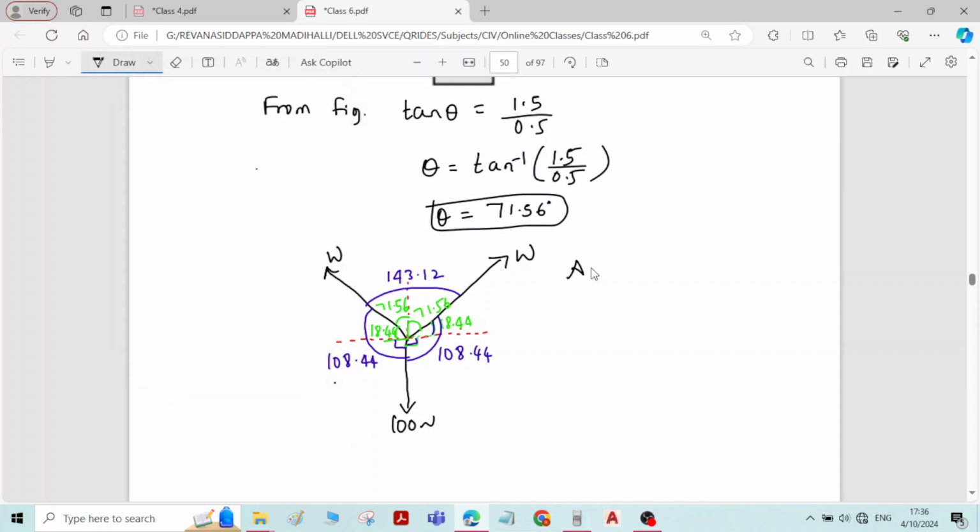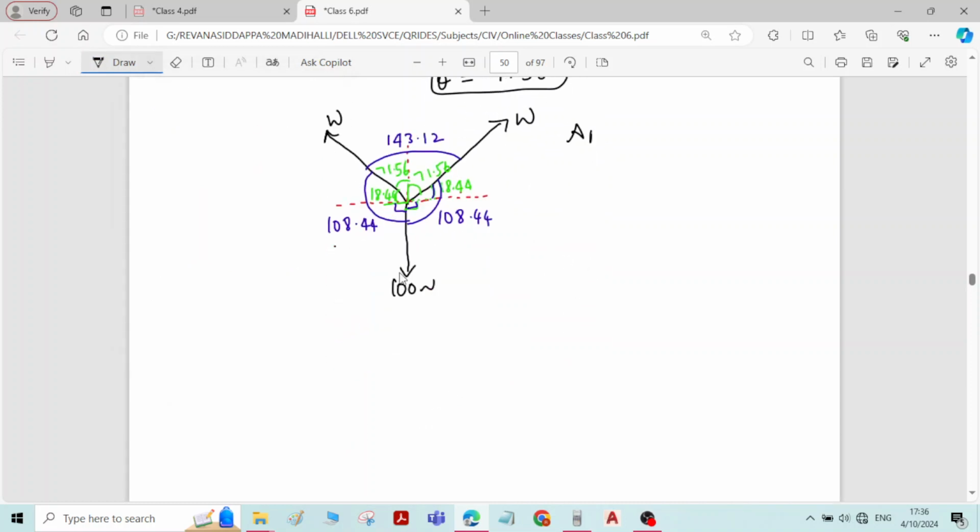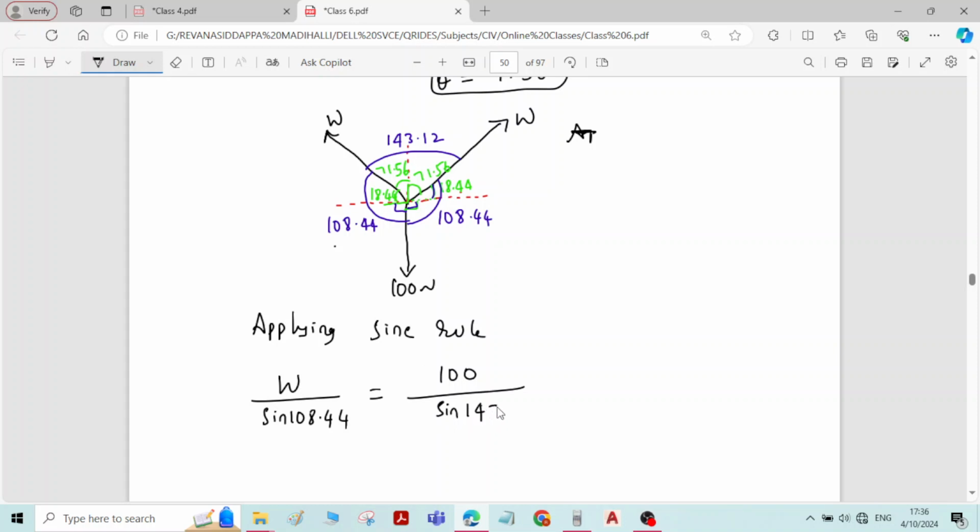Now you just apply the sine rule for this. Applying sine rule, let me write below the figure: W divided by sine 108.44, for W the opposite angle is 108.44, is equal to 100 divided by sine 143.12, for the 100 Newton force the opposite angle is 143.12, is equal to W divided by sine 108.44 for the third force.